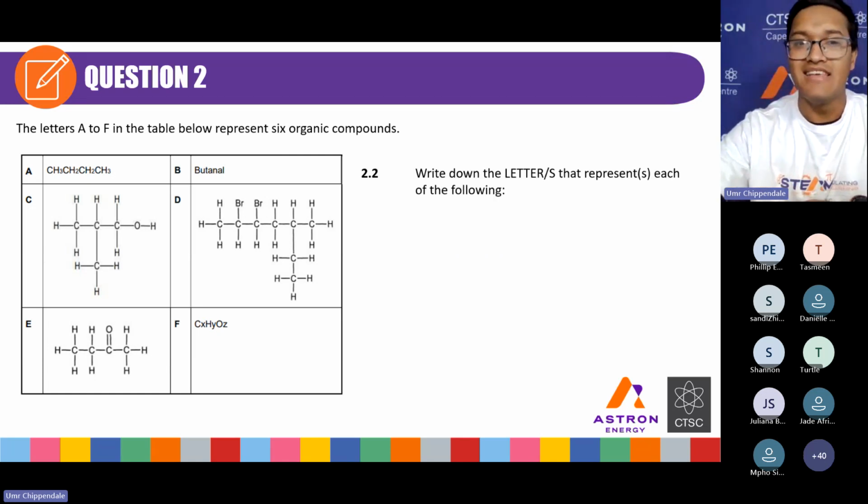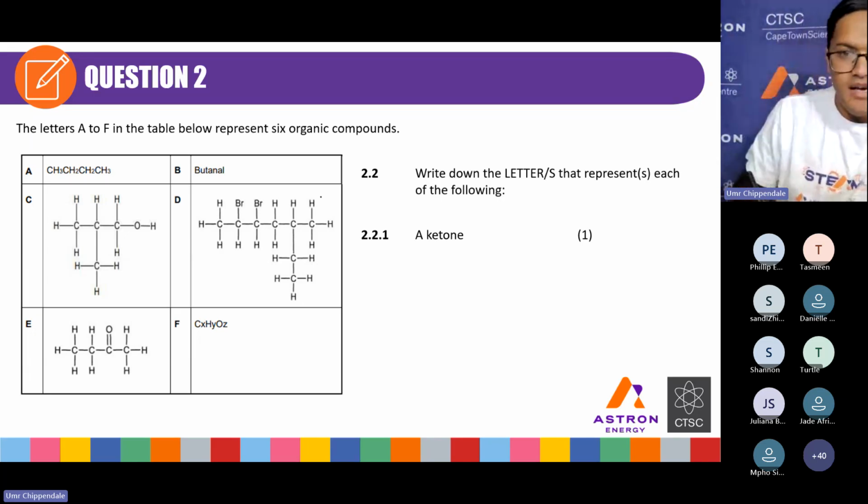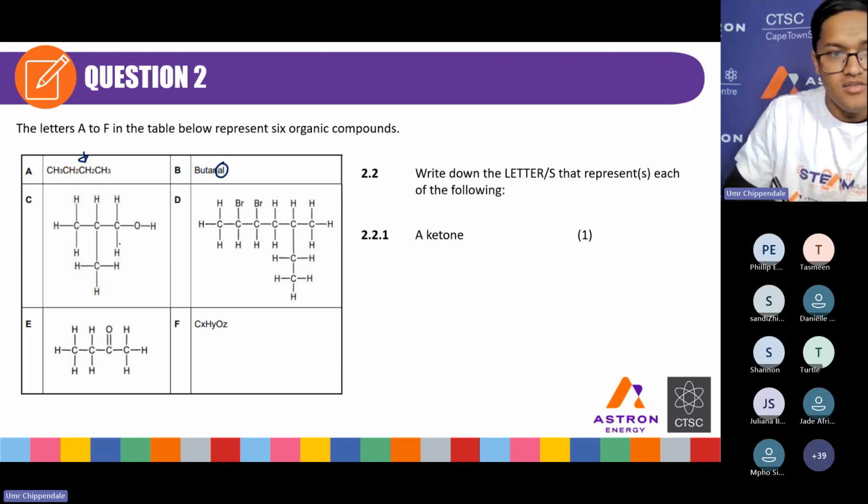Okay, 2.2. Write down the letter or letters that represent each of the following. So if we have a ketone, well, instead of me just running back to that other slide right now, here we can see, we said this was an alkane. This was an aldehyde. This one has an OH group, so we know it is an alcohol.